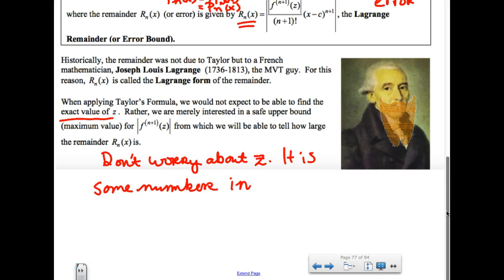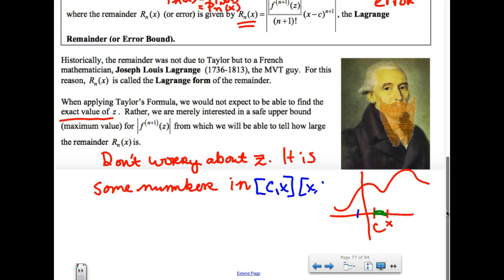in, and so we're going to have this function that's going like this, and we're going to have some center. And we're going to be evaluating at some x pretty close to the center. z is some number in the interval from c to x, or from x to c if we went this way. Let's put a little "or" in there.